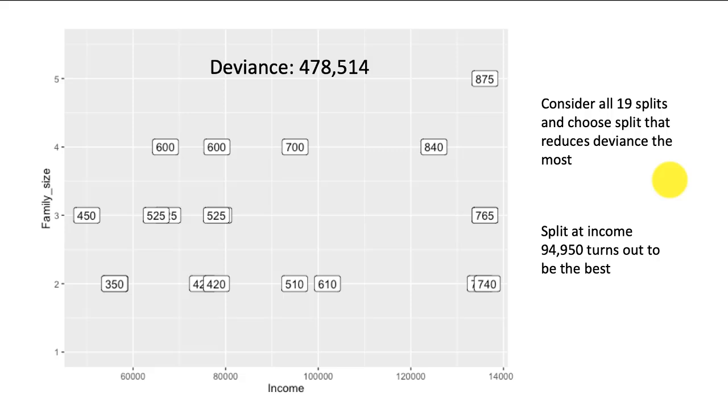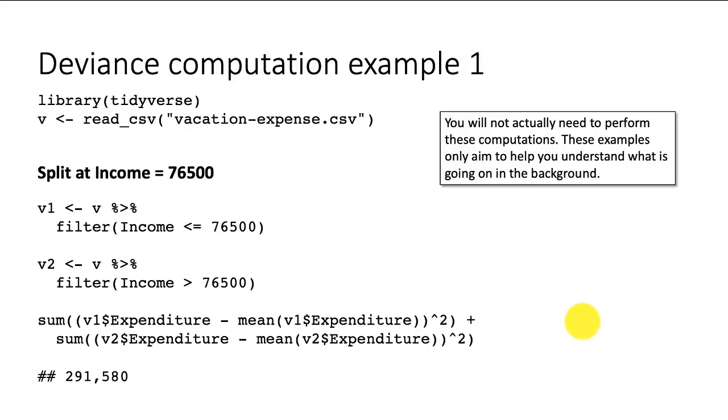Okay, and choose the split that gives us the lowest possible deviance among all of them, which means that's the split that gives you the maximum possible homogeneity at this point, because we want each of those sets to be as homogeneous as possible. And at this point, if you consider all the splits, the best you can do is to choose the one that gives you the maximum homogeneity, which is the minimum deviance. Okay, so that's what we are trying to do, and we'll see a concrete example shortly.